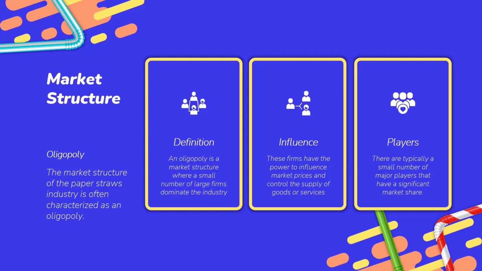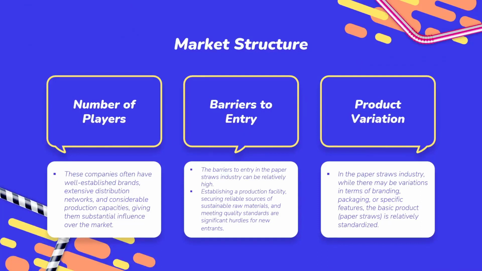The reasons we call the paper straw industry an oligopoly: the companies involved often have well-established brands like Nestle. They have extensive distribution networks and considerable production capacity. And the barrier to entry in the paper straw industry can be relatively high.